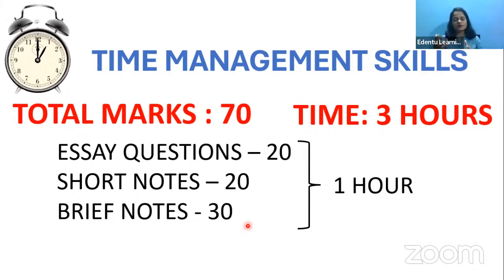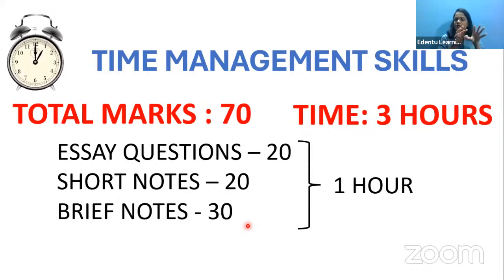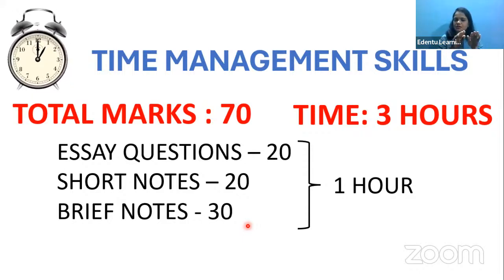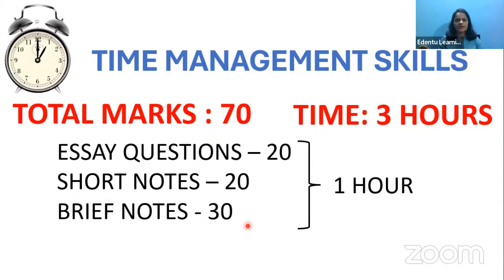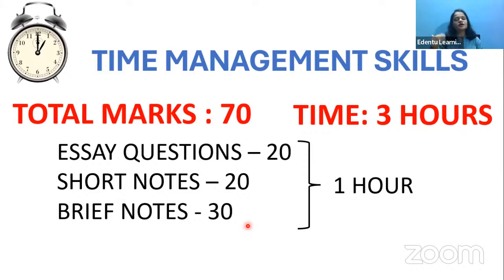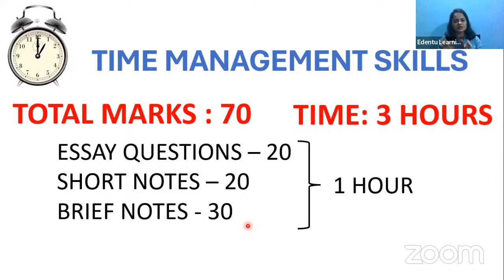Once the hour is over, don't sit on the same short notes or essay questions again. Move to the next section. Then when you get time after writing all the questions, come back. That is one important time management tip that I can give you.